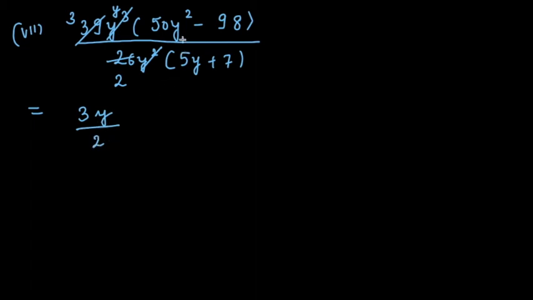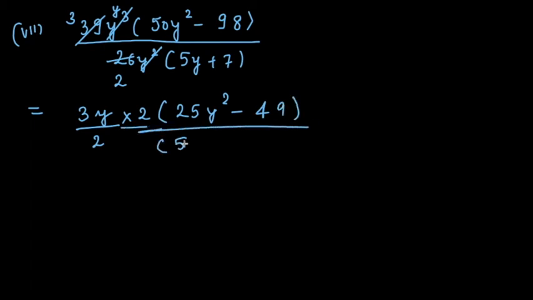Now this 50y square minus 98, if I take 2 common from here, 25y square minus 49, and then 5y plus 7 as it is, which was given. Now I can cancel this 2 with this 2 again, right? So this becomes 3y.